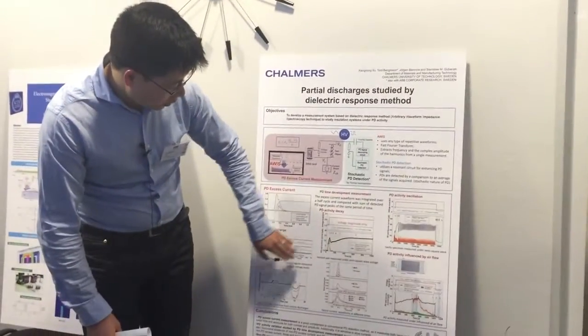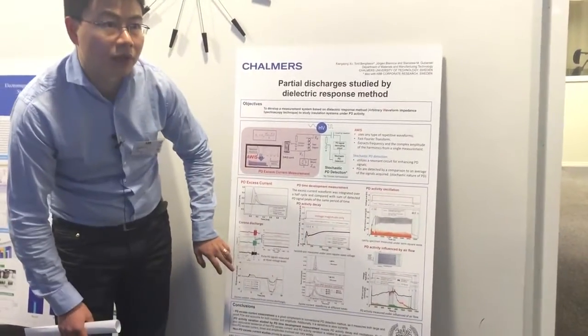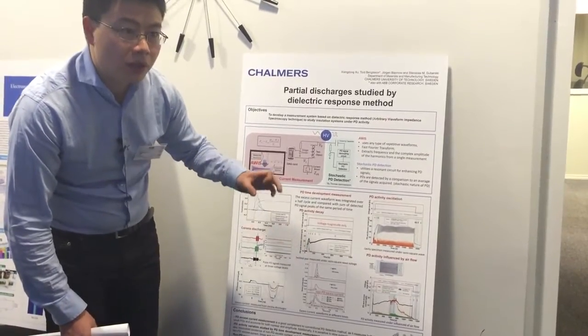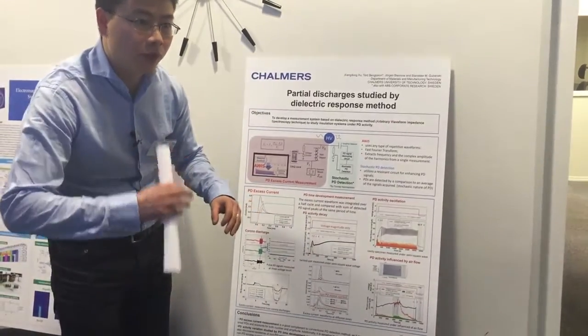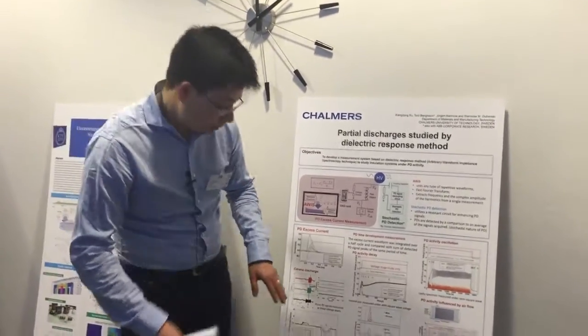There we observe the PD activity decrease, even disappear, due to the contributions from the additional preceding PD excess current that moves around the test object to suppress the PD activity.